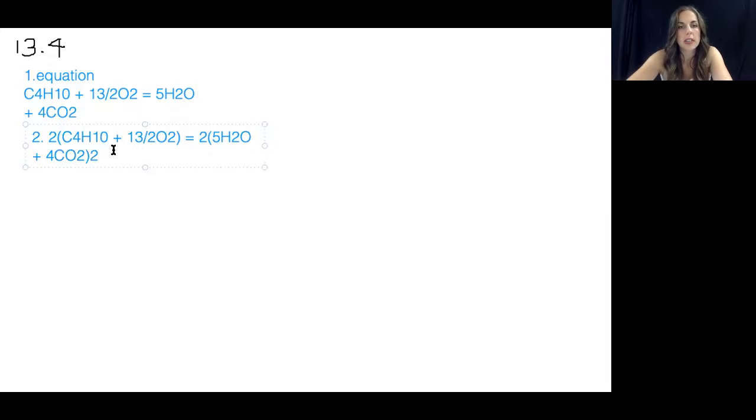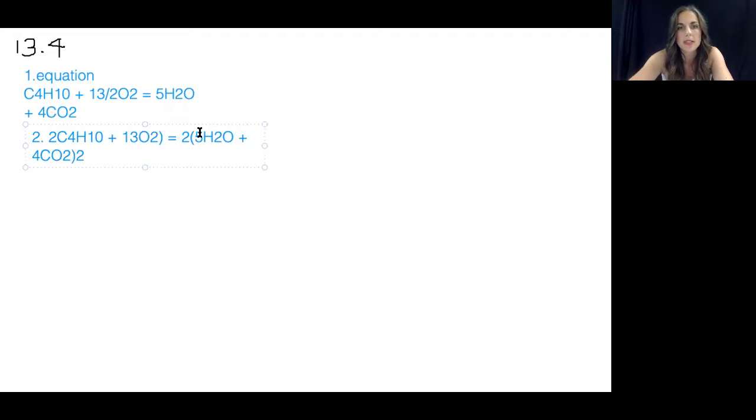Okay, so let's factor it out. 2 times this is going to be 2 of these. I'm going to go ahead and take this 2 out. I hope this isn't too confusing doing it on the computer like this. Then if I multiply that 2 by this 13 over 2, I'm just going to get 13.